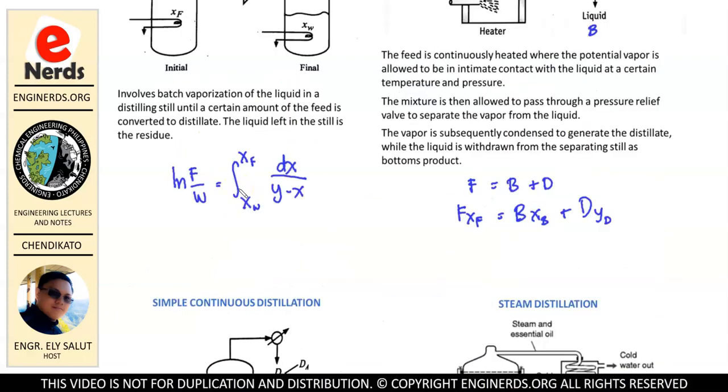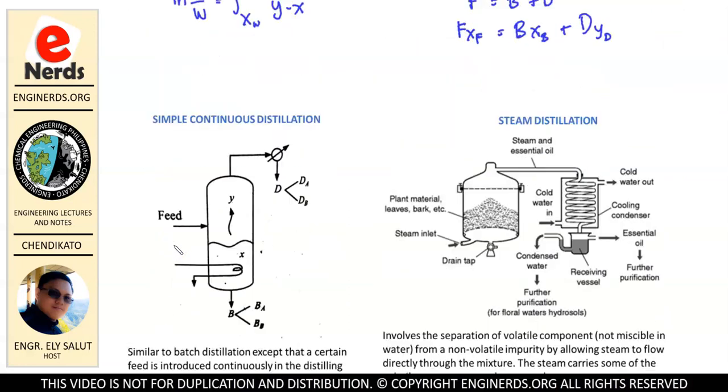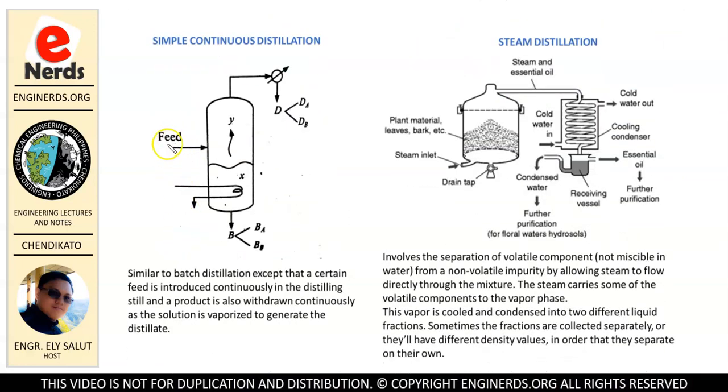Okay, so sa batch process natin, meron na tayong specific amount ng ating mixture, no? So, while the process is ongoing, walang pumapasok or lumalabas na amount ng ating liquid mixture dito sa ating still. Okay, so walang nadadagdag at walang nababawas sa ating liquid mixture. But in this case, no, sa ating simple continuous distillation, yung feed natin is continuous na pumapasok dito sa ating distillation unit.